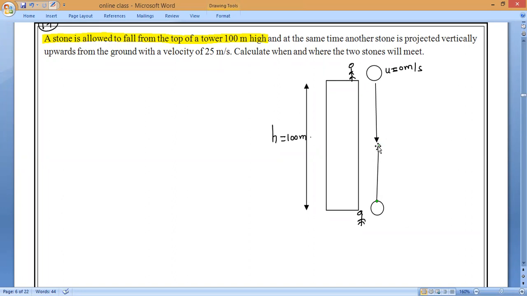So is that the initial velocity or final velocity?